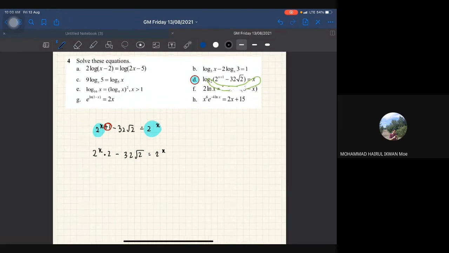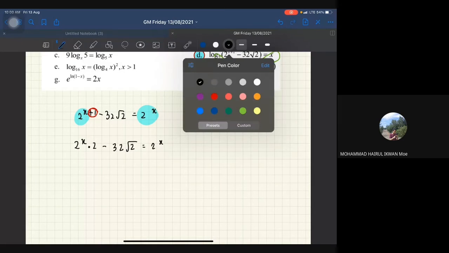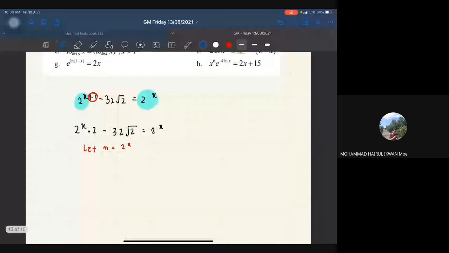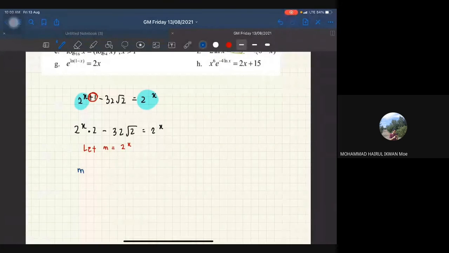Macam ni. Okay, and then we are going to use substitution. So we let m equal to 2 to the power of x. Okay, so awak akan dapat m times 2 minus 32 set 2 equal to m.